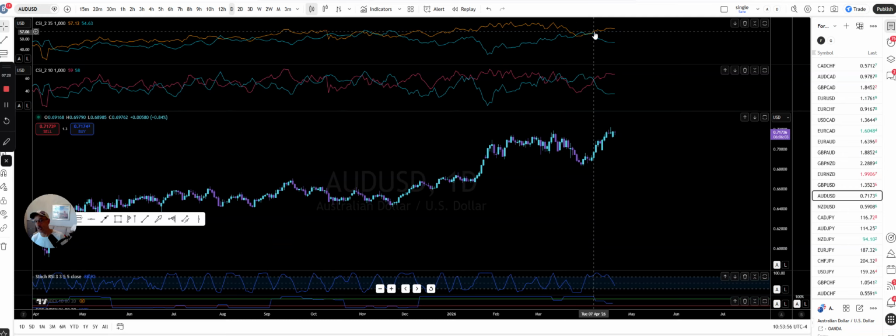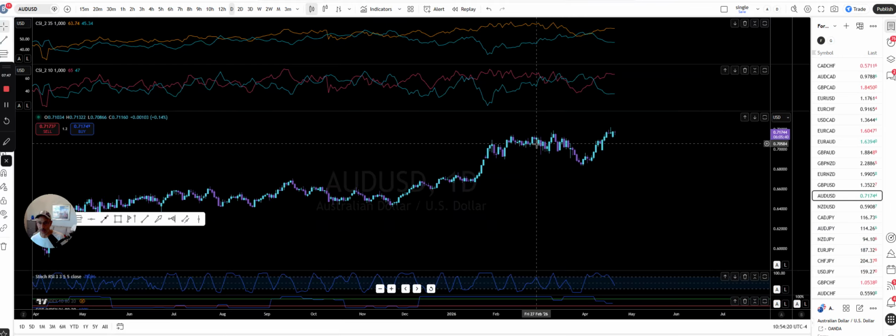Okay. So it's not really redundant to have both of them on here because the 35 can point to longer term reversals and also can help keep you in these trades longer because you're not going to get as much noise like you're going to get with this kind of stuff right here. I mean, ultimately, this noise here on the 10 period was all this chop, and maybe you would have looked at that and said, you know what, if I was long from back here, maybe I do want to get out.